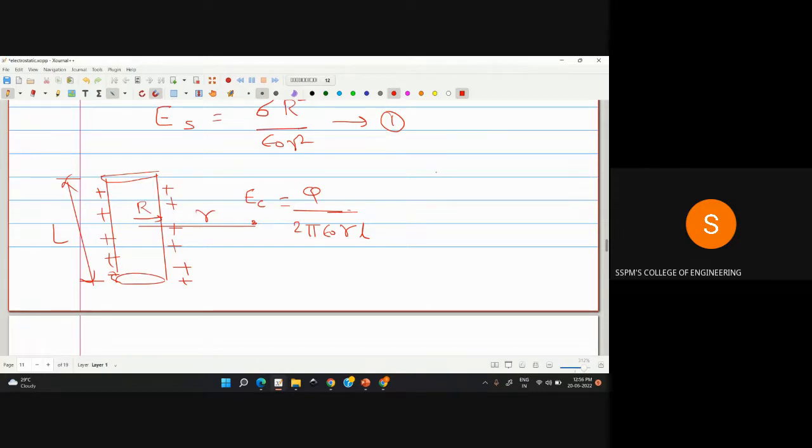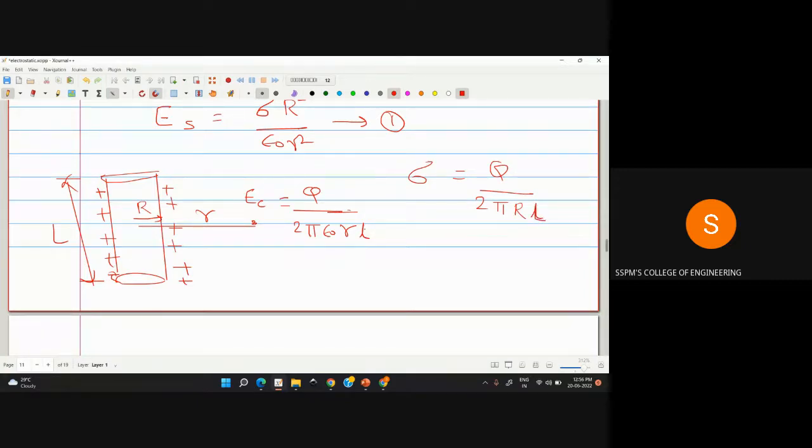Now find the surface charge density. Surface charge density is total charge divided by the surface area of the cylinder. How to calculate the surface area of the cylinder? It is 2 pi into capital R into L. Isn't it?